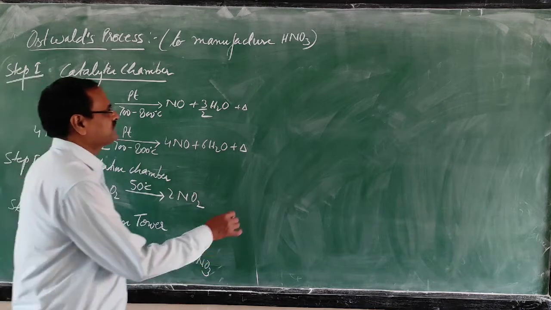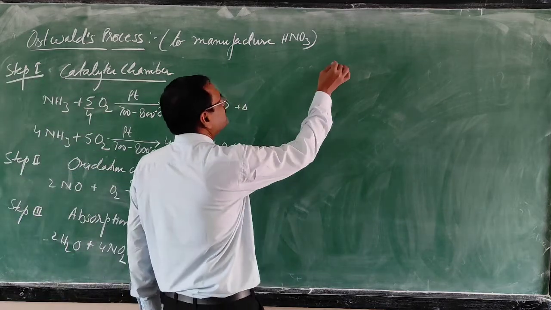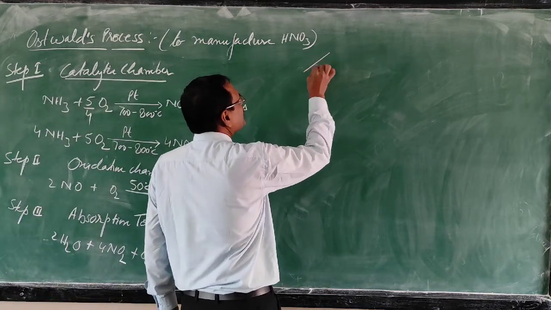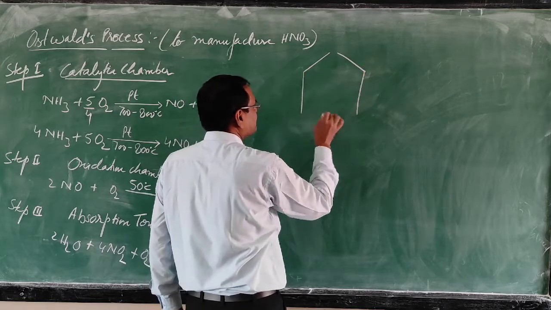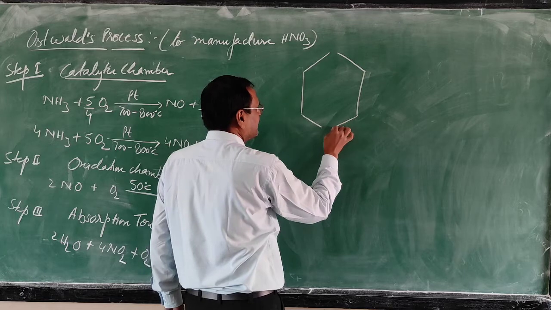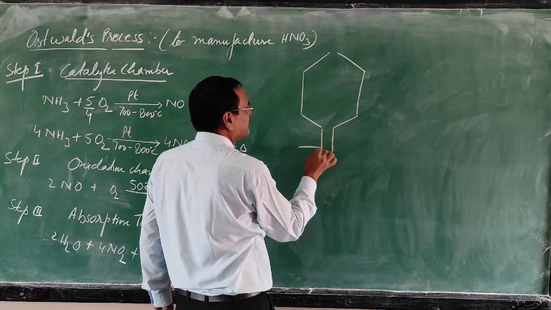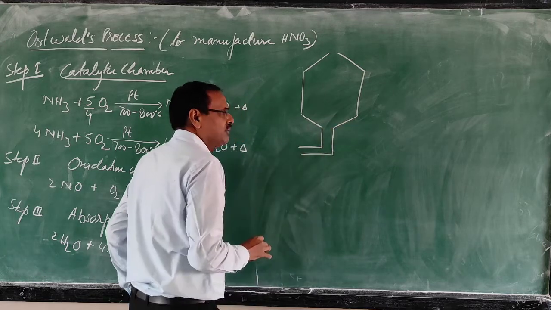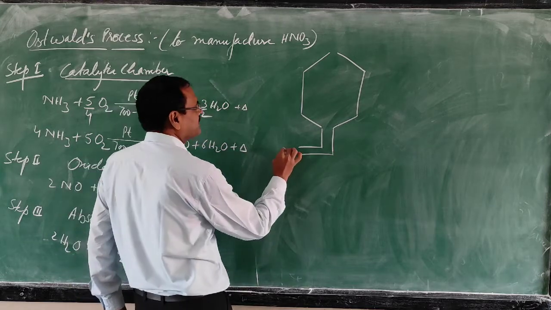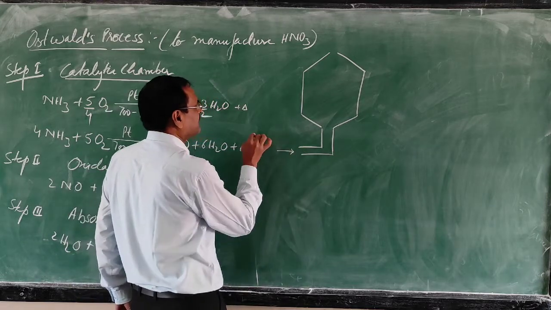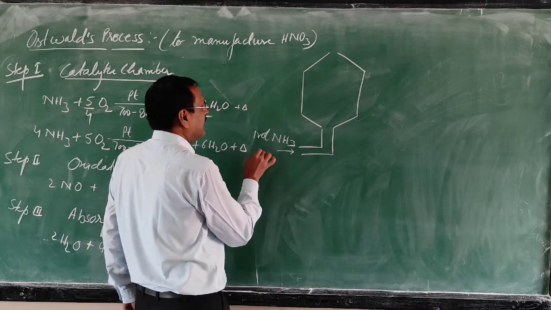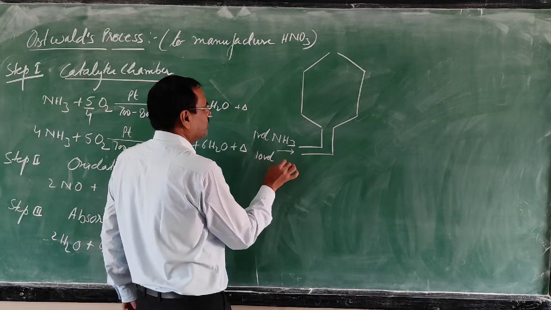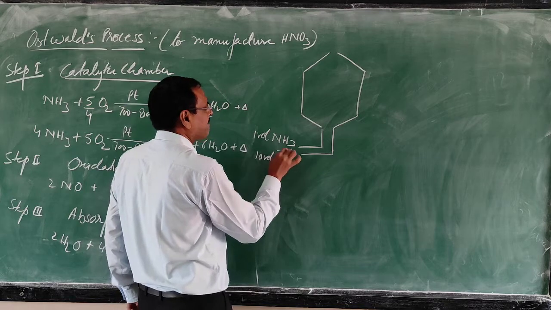So just to see the diagram, this catalytic chamber is there. In this catalytic chamber, we pass ammonia and air. From this point, we are supplying 1 volume ammonia and 10 volume air.